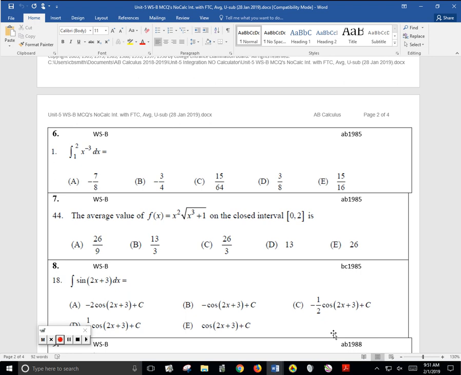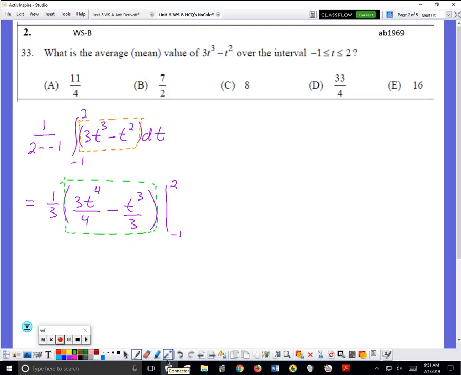Okay. When there are no limits, it's strictly an antiderivative. So all you're doing is saying, I need to find the antiderivative of this. I'm just using the rules, or doing a u substitution and then using the rules. That's all. When it has limits, it's an integral, which you could plug in your calculator if it was legal. Or we have to use the fundamental theorem, like we're doing today.